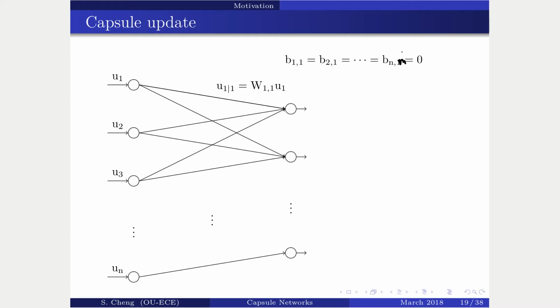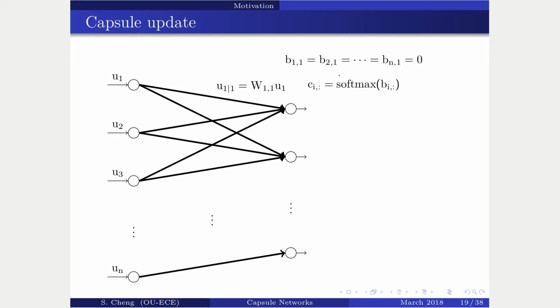And the actual weight will be just applying softmax over these B's here. More precisely, for example, the routing weight for this first child capsule here will be just equal to the softmax over all the B's corresponding to the outgoing edges of this child capsule.